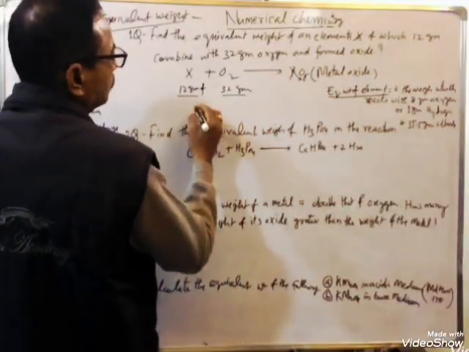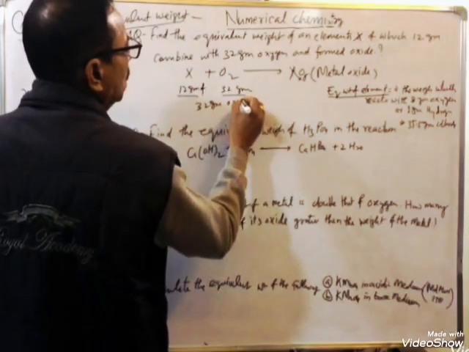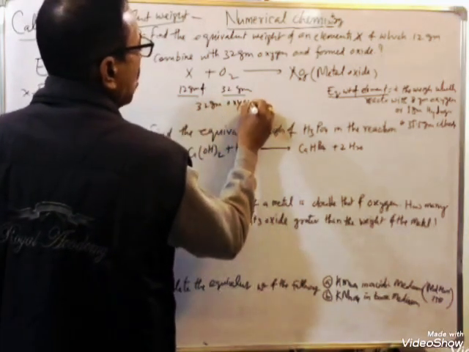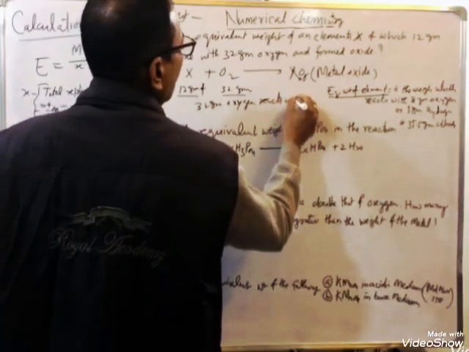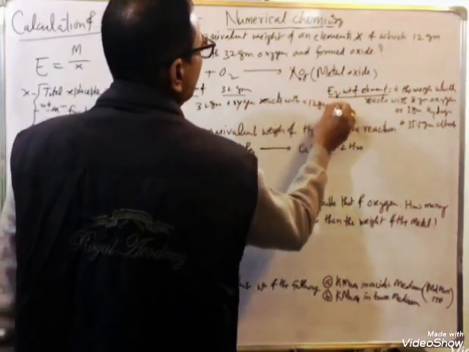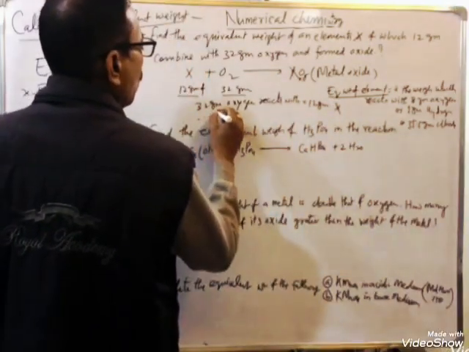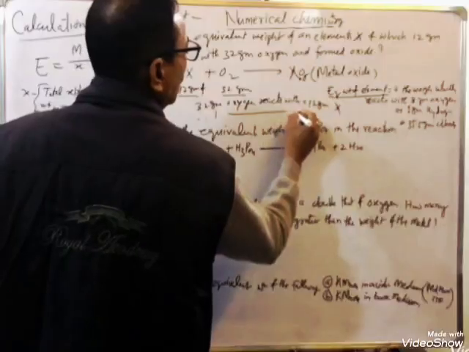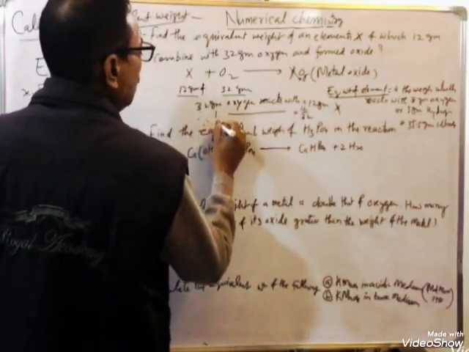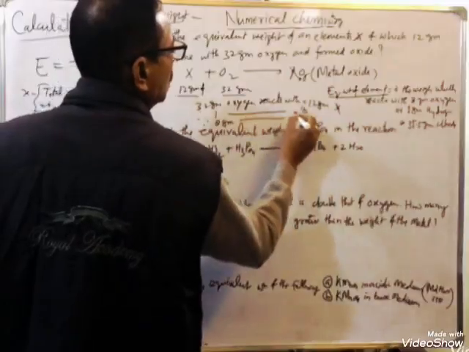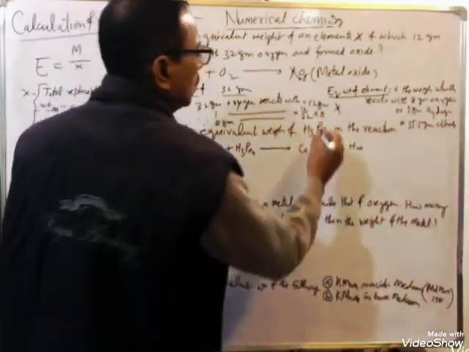So here 32 gram oxygen reacts with 12 gram X, therefore 1 gram oxygen will react with 12 by 32, therefore 8 gram oxygen, this into 8, and this is 3.